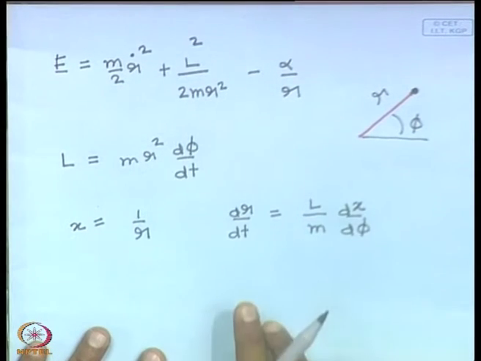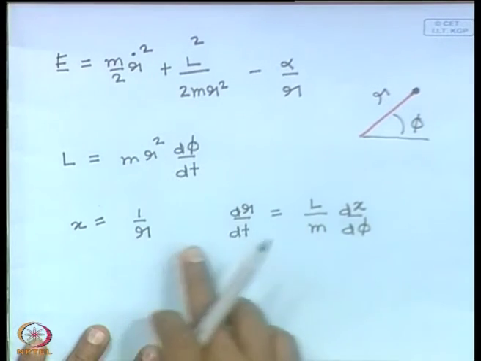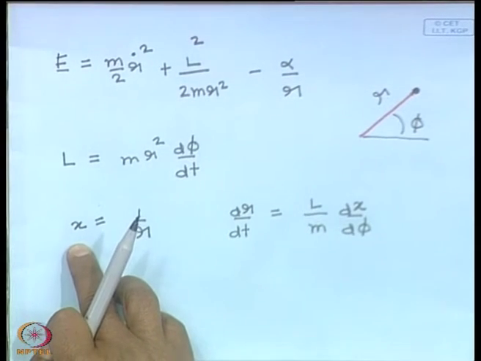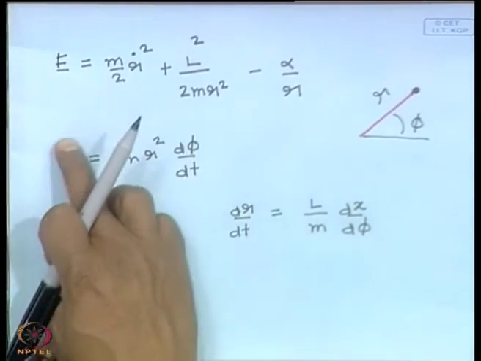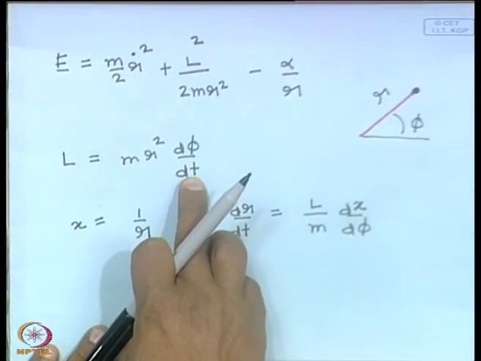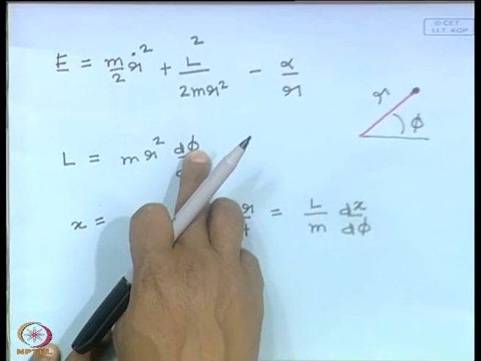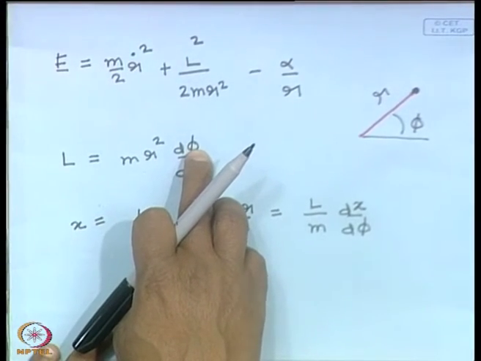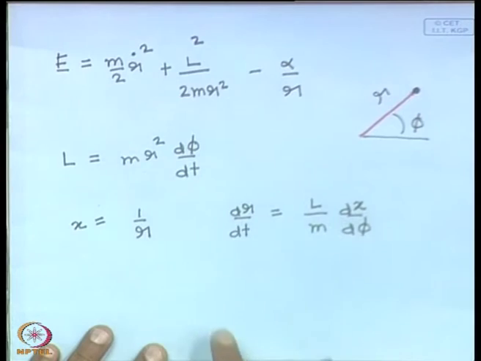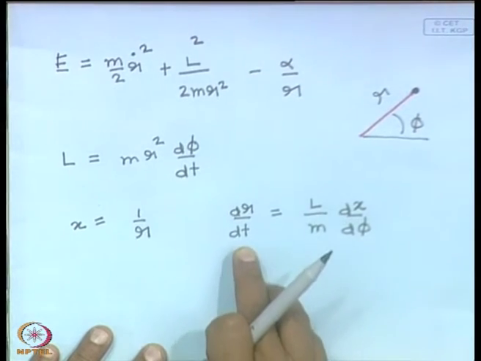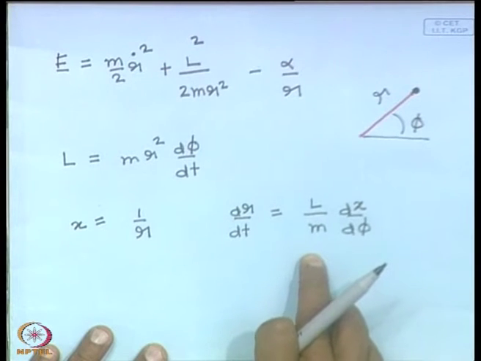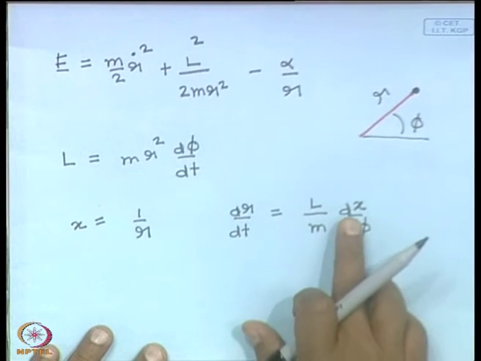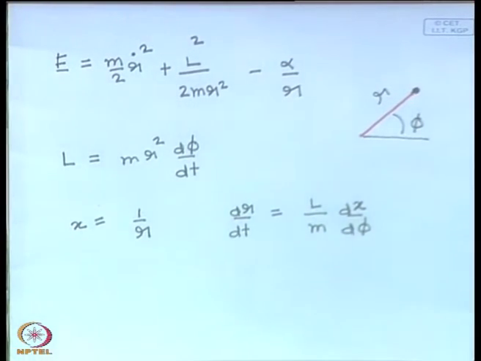So, you have to just replace dr dt in terms of dx dt, and you can use this to replace derivatives in terms of t with derivatives in terms of phi. Doing this you are led to the relation that dr dt, which occurs over here, can be written as the angular momentum by mass into dx d phi.